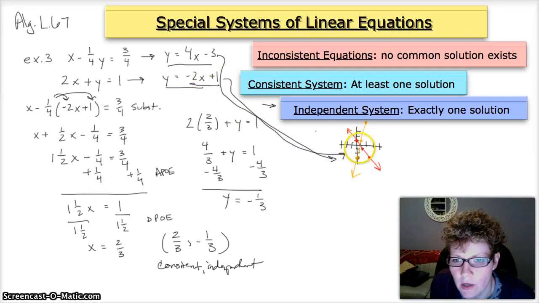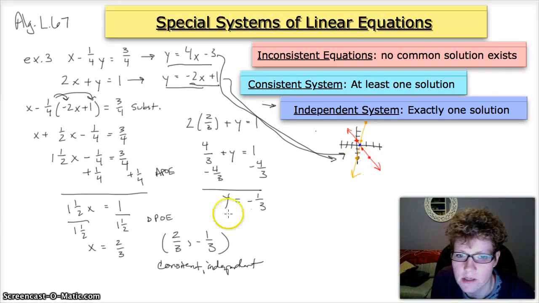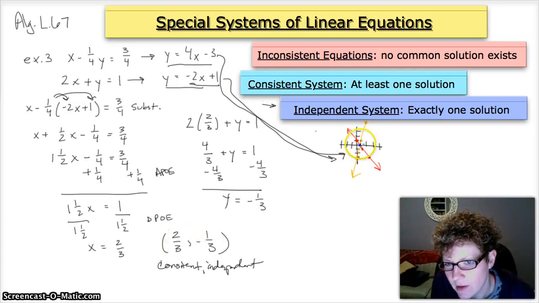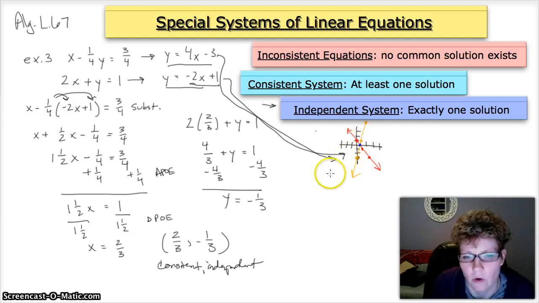So then we look and we see that there is just one solution, and it intersects right here before the 1 where they cross. And so that's at 2/3 and a little bit below where it's negative 1/3. It's hard to see on my tiny little graph.